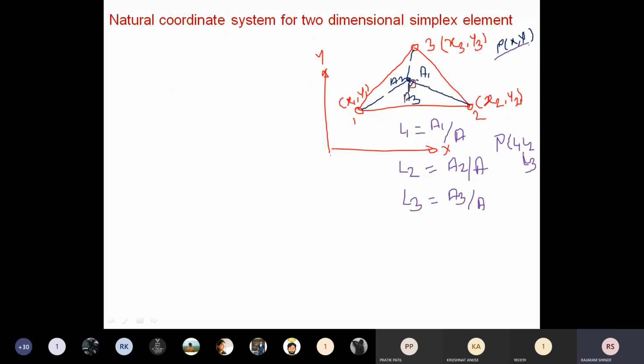Here the global coordinates are x, y. Now see here, your point P is a variable point, so the x, y values are variable.